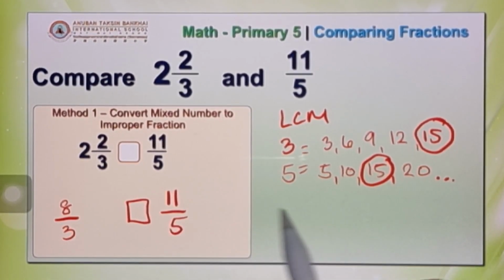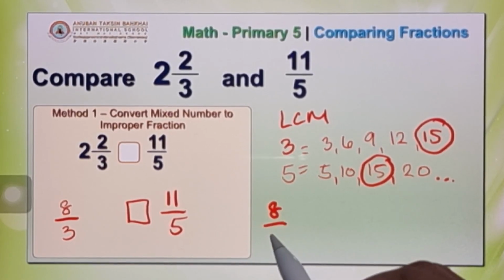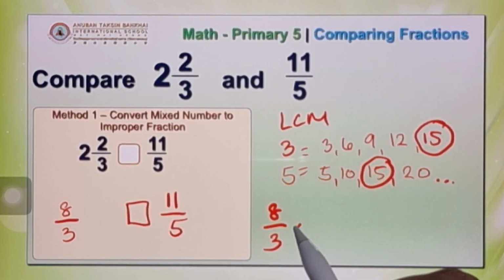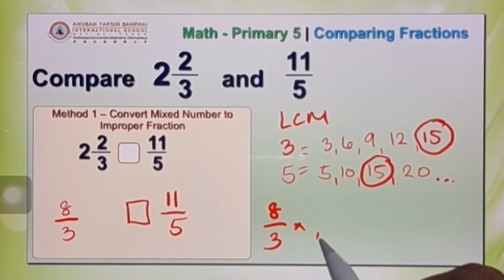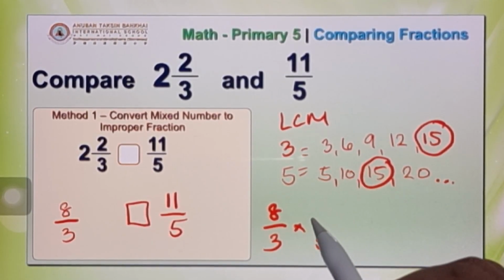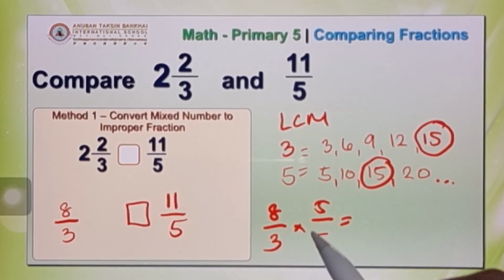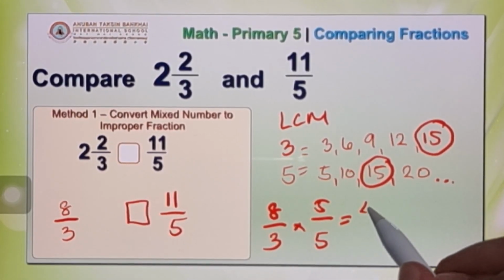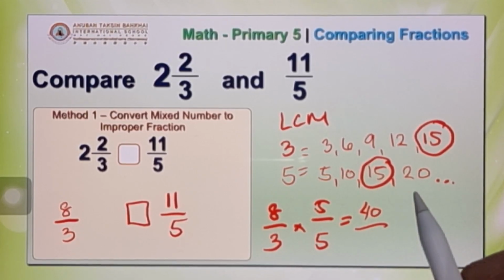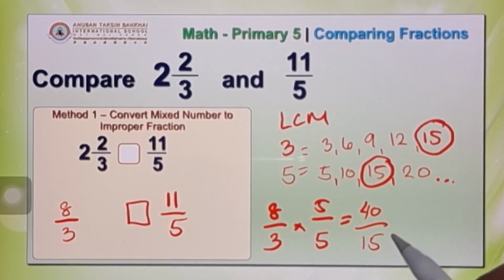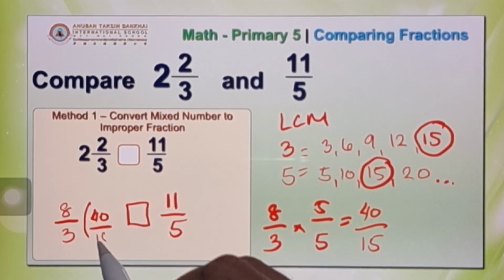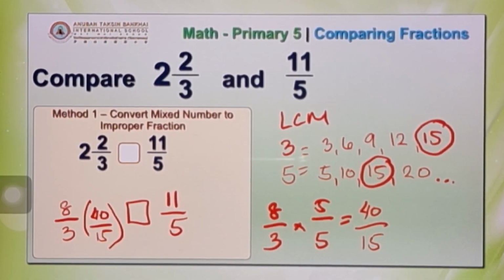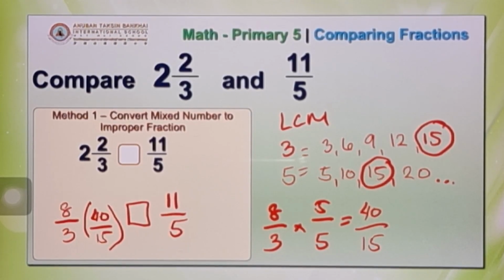So therefore, we need to change this. 8 over 3, we multiply it by what number? So we multiply it by 5. 8 times 5, we have 40. 3 times 5, we have 15. So this will now be 40 over 15. Okay, how about 11 over 5?